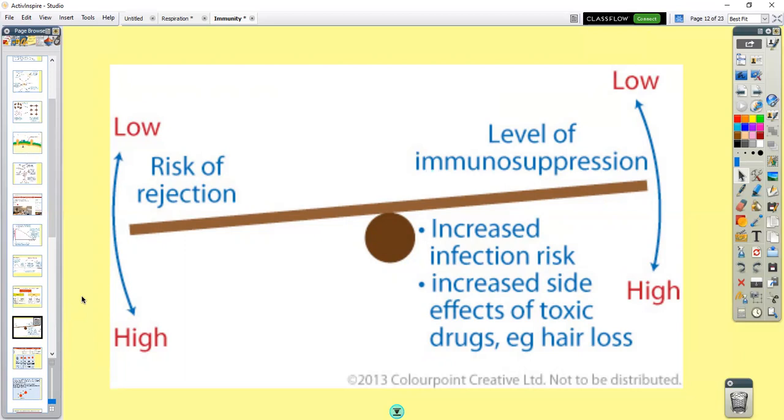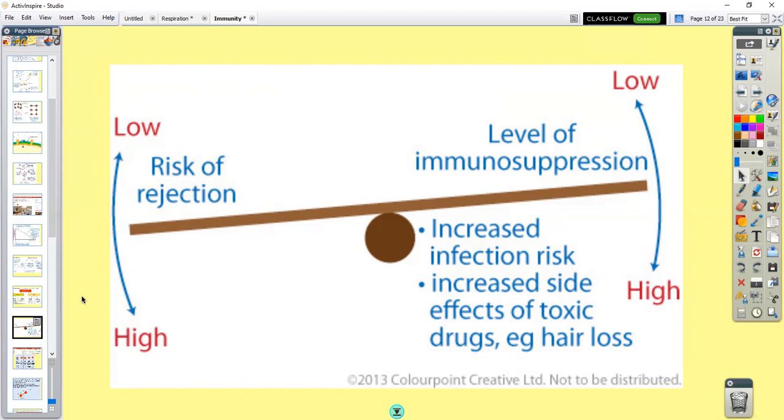So if you're on the receiving end of a transplant, then obviously there is a danger that your immune system will see that transplanted tissue as non-self. It will then have an immune response to that and could kill off that tissue or reject the tissue, as it's called.